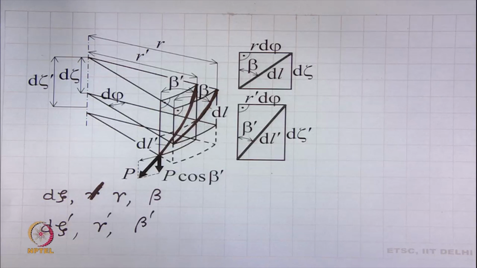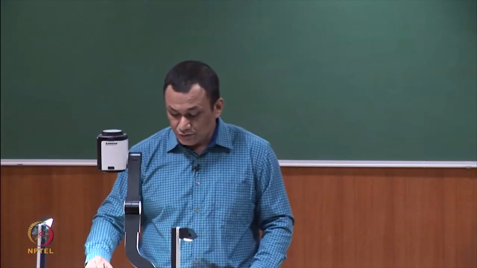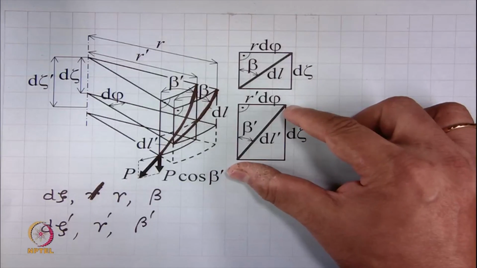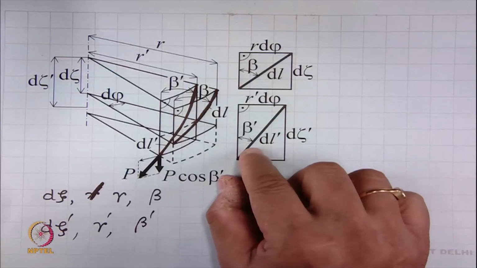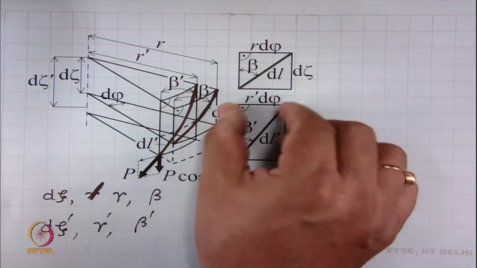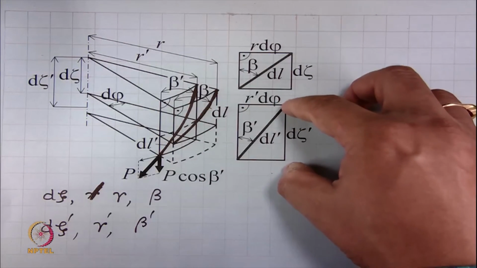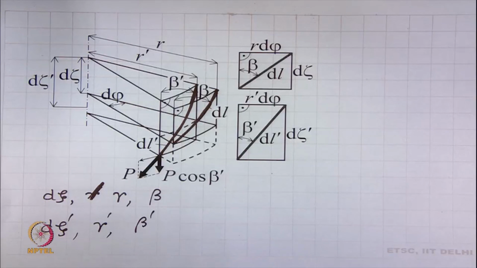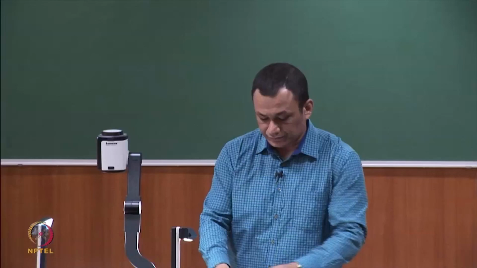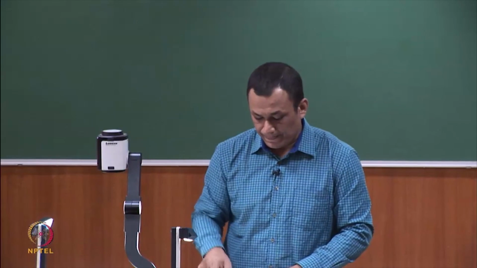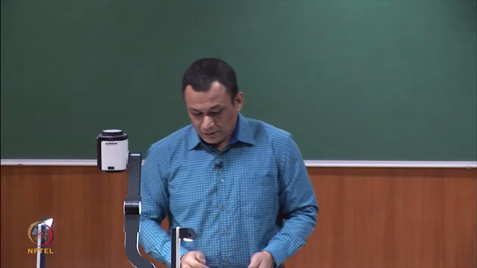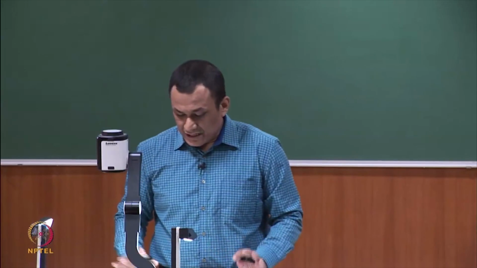After elongation, this fiber element will change its position, the length becomes dl prime, angle becomes beta prime, as a result the width becomes r prime d phi and the axial distance becomes d zeta prime. So, this is about this image.